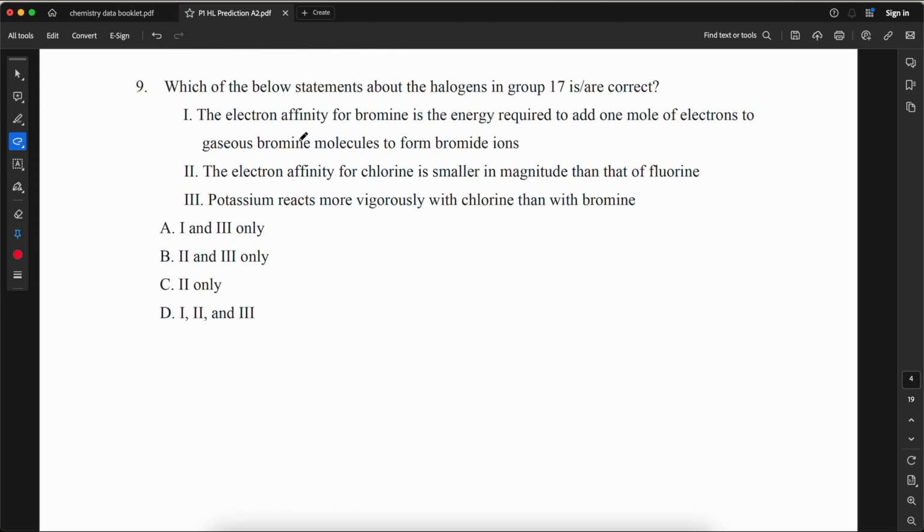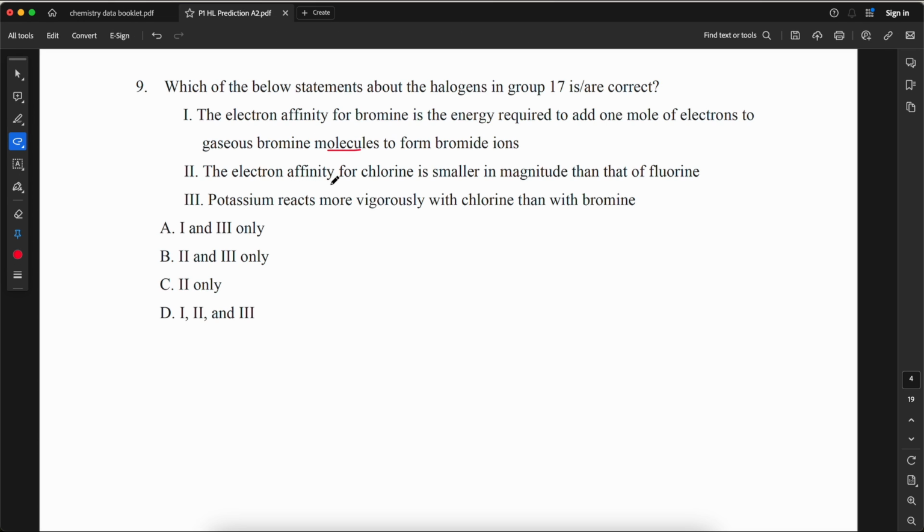Which of the below statements about the halogens in group 7 is or are correct? The electron affinity for bromine is the energy required to add 1 mole of electrons to gaseous bromine molecules to form bromide ions. It is correct, but it shouldn't be molecules. It should be gaseous bromine atoms.